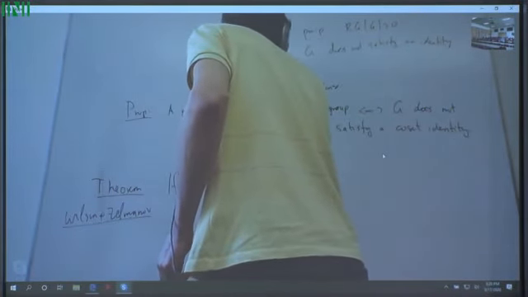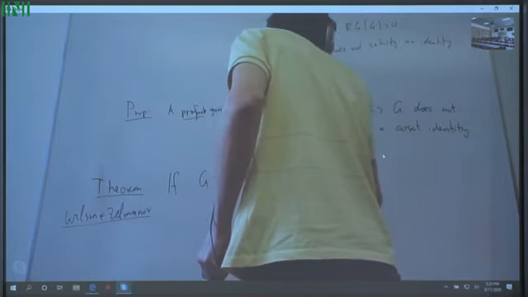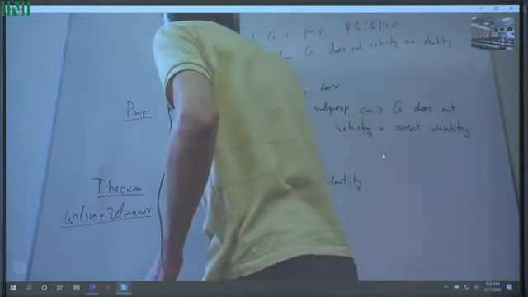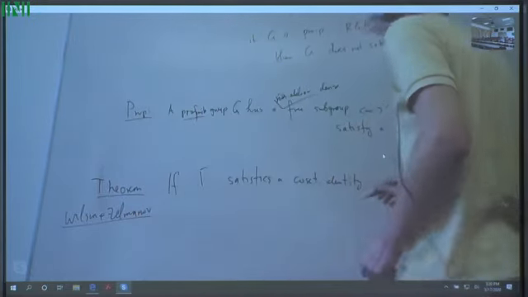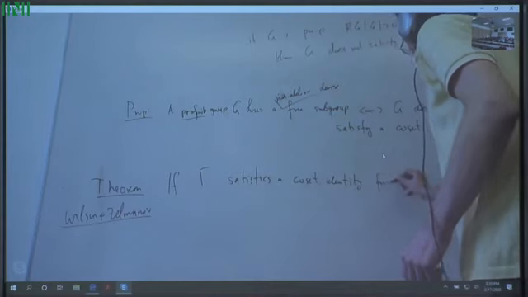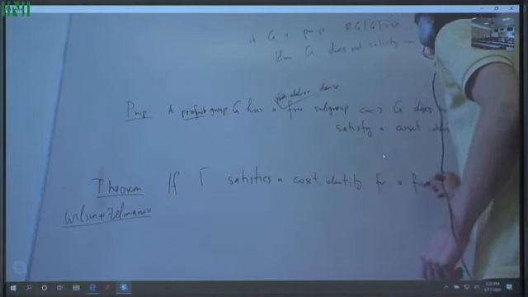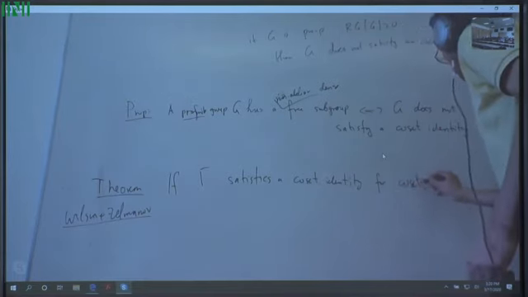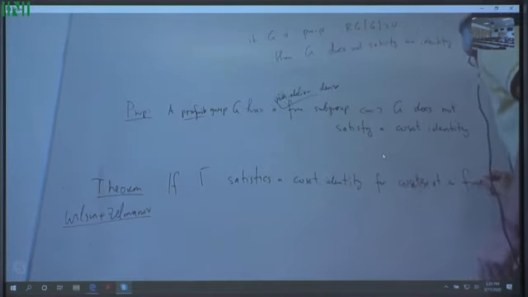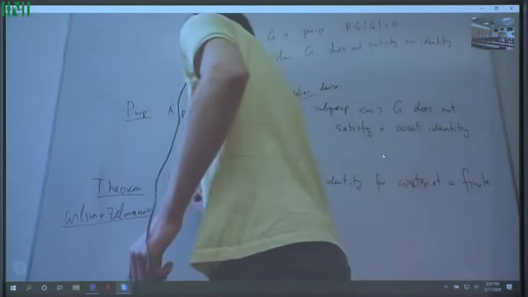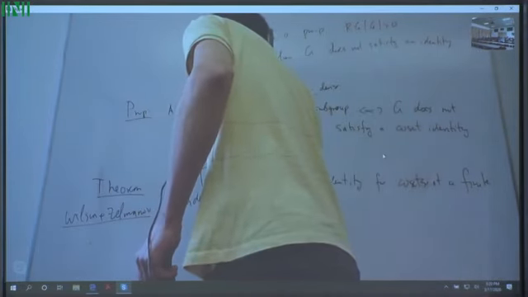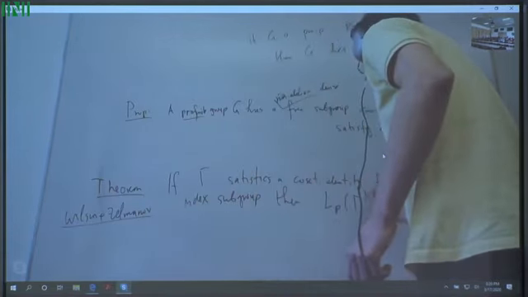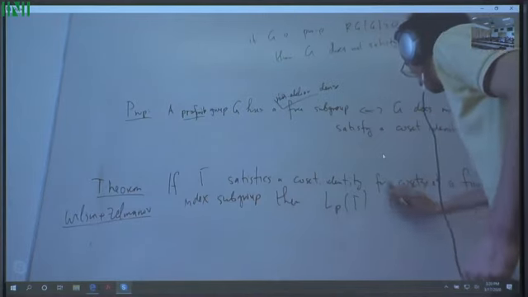Let's call this for any abstract group: if gamma satisfies a coset identity for cosets of a finite index subgroup, then the Lie algebra L_p(gamma) satisfies a Lie algebra identity.